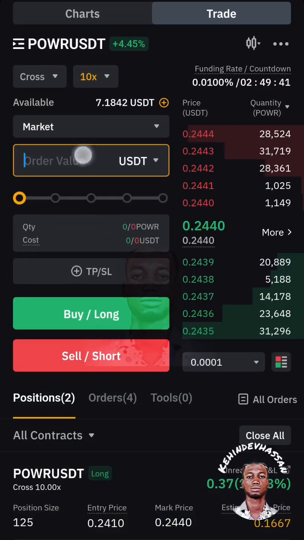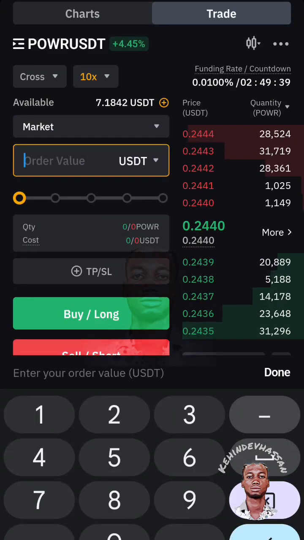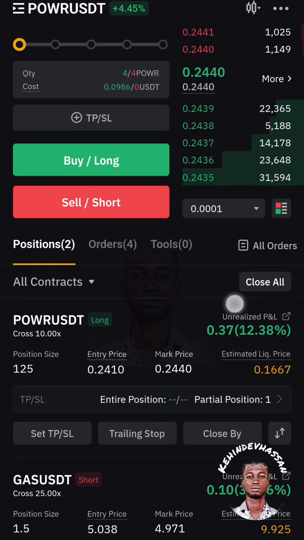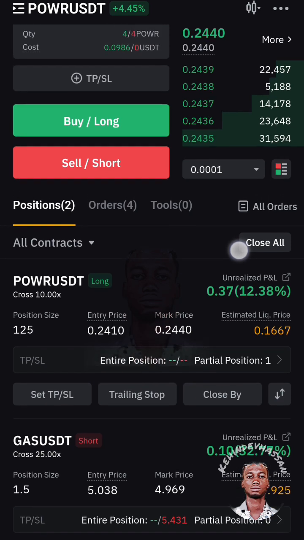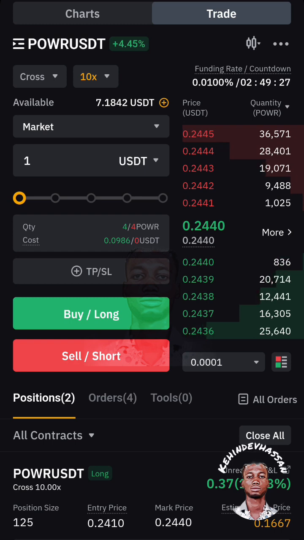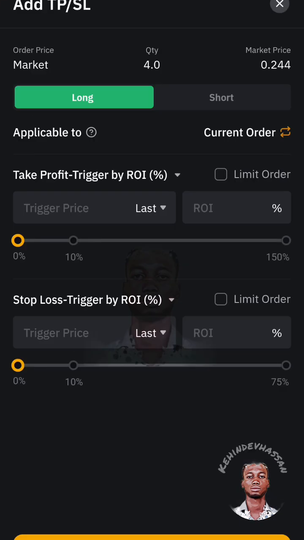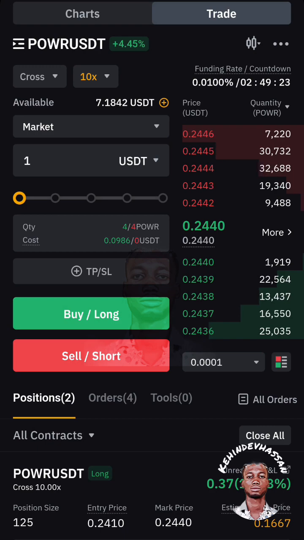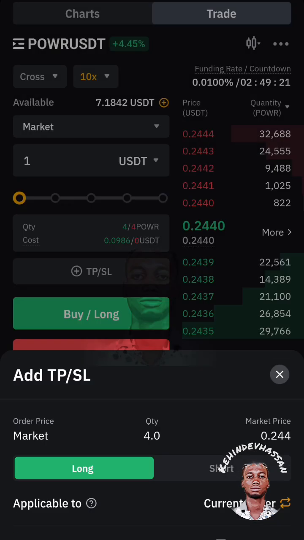Let's use $1. We cannot use 0.7 based on the fact that we have trading ongoing, so we don't have enough for $10. We're going to set our take profit and stop loss, which you can find by clicking here.